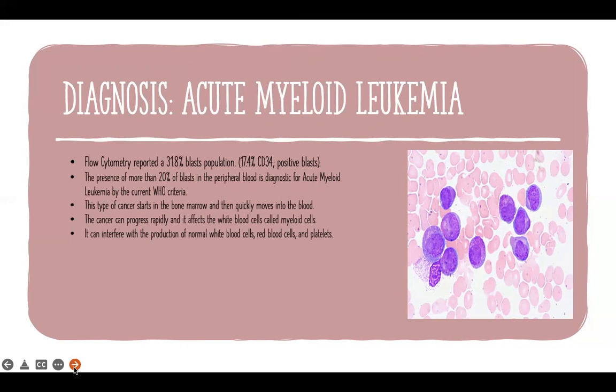And so AML is basically an acute cancer that affects white blood cells, primarily those of granulocyte and monocyte types. It starts in the bone marrow and then it quickly moves into the blood.